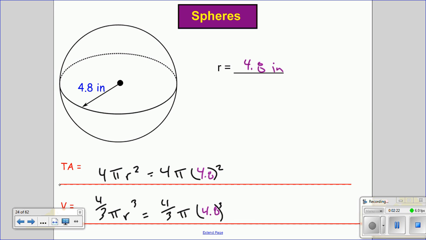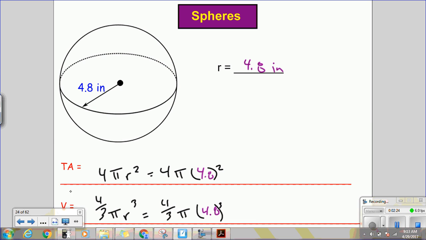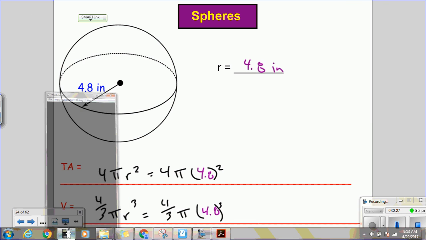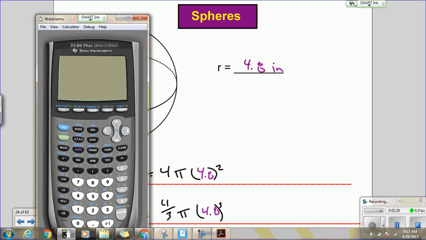So for the exact answer, when I grab my calculator, I put in every number except for pi. So that's 4 times 4.8 squared.